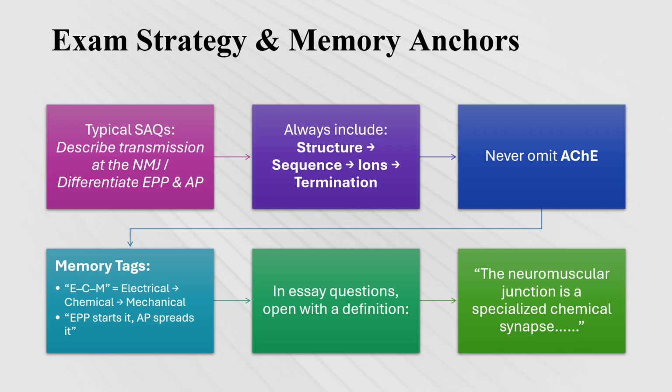In essay questions, open with a definition. The neuromuscular junction is a specialized chemical synapse between a motor neuron and skeletal muscle fiber, where electrical excitation is converted into chemical transmission and then mechanical contraction. Then follow the flow diagram or bullet sequence we've practiced already.